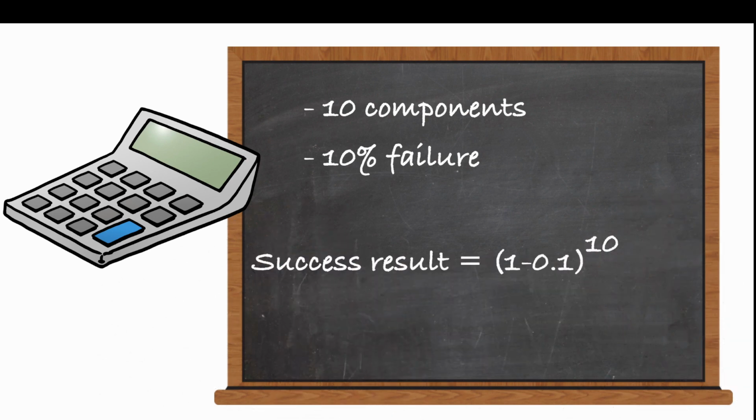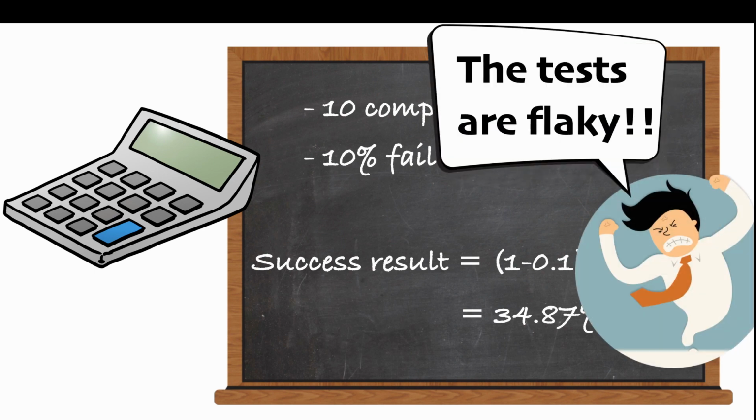So we can calculate the success rate of our test as (1 minus 0.1) to the power of 10, because we have 10 components, which gives a result of 34.87%. Or we need to run 3 times to make our automation pass. For sure, anyone working in this environment will shout at us that the tests are flaky.